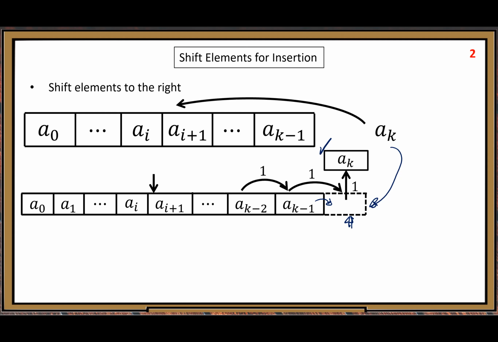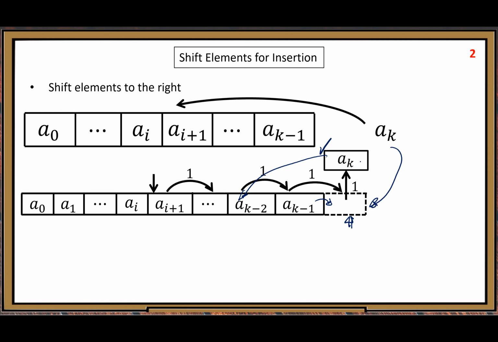Then we do some comparison. If we compare AK with A sub K minus 2, and A sub K minus 2 is greater than AK, we can shift it another position to the right, and so on. We do it this way.